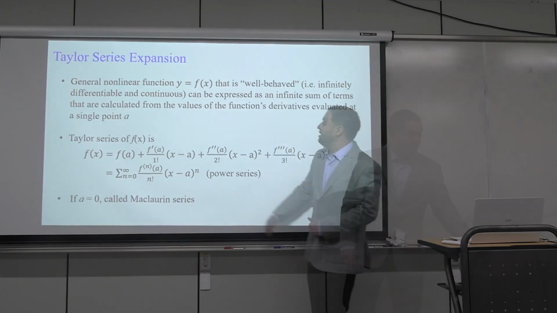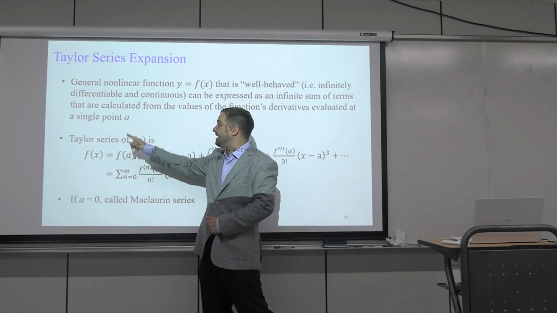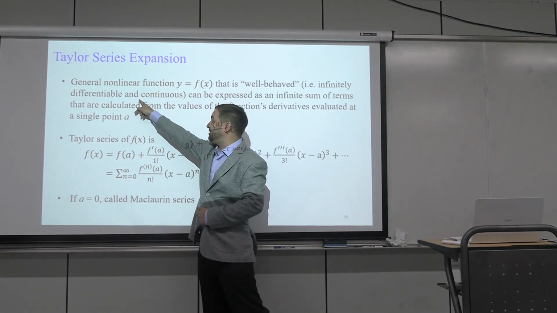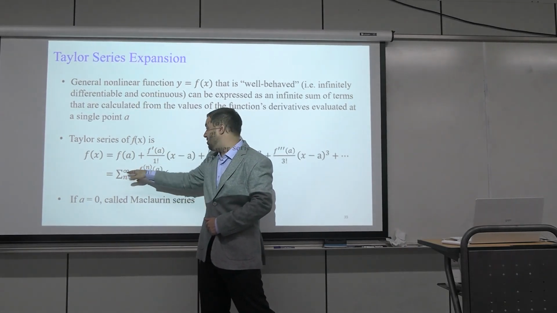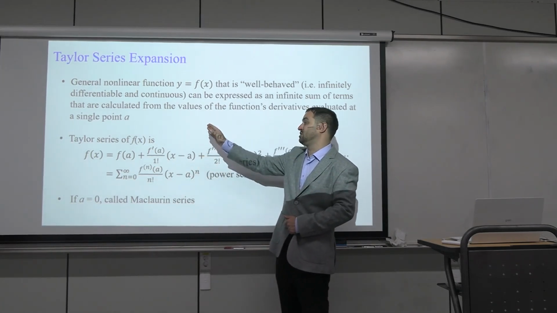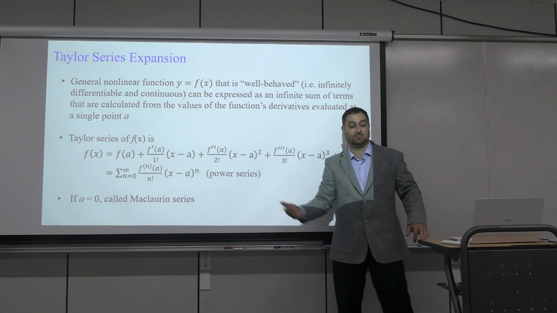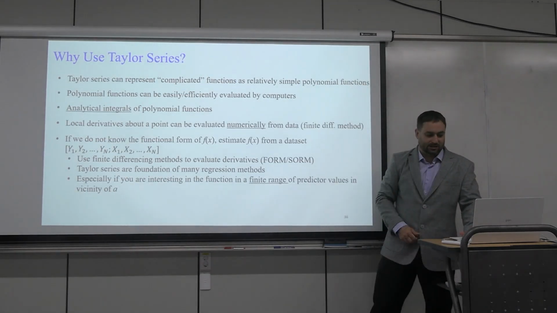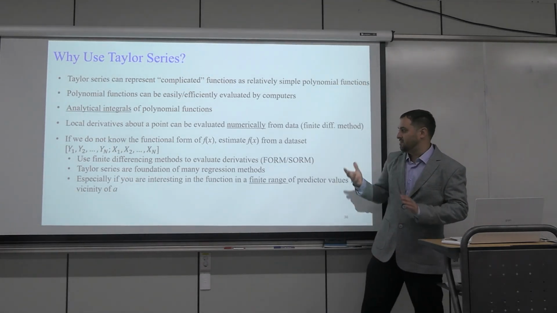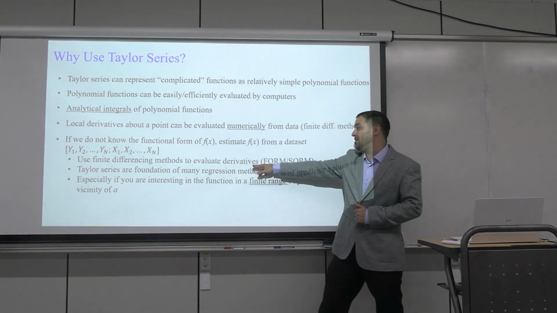If f is unknown, we know that if it's differentiable and continuous, this is the representation. Especially these low order polynomial terms are the leading terms in the Taylor series expansion. If you don't know the functional form, you can use finite differencing methods to evaluate derivatives.